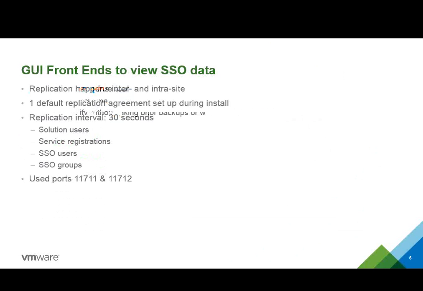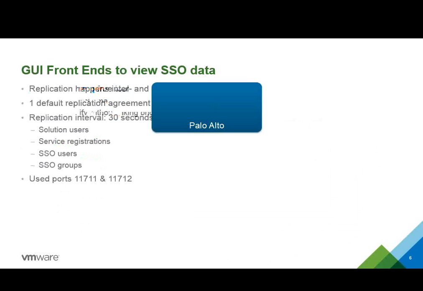So how does this actually look in theory? I will first go through the actual setup, how this would have been set up, and then we will look at a full replication cycle. So we are starting with our SSO deployment in Palo Alto. We are going to install our first SSO node.